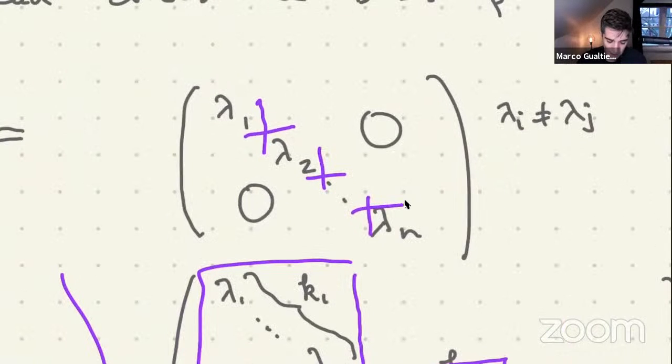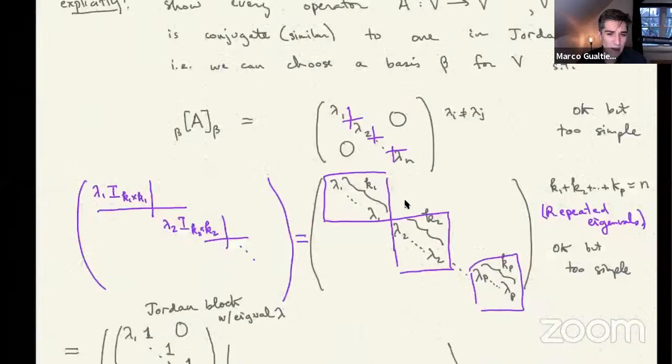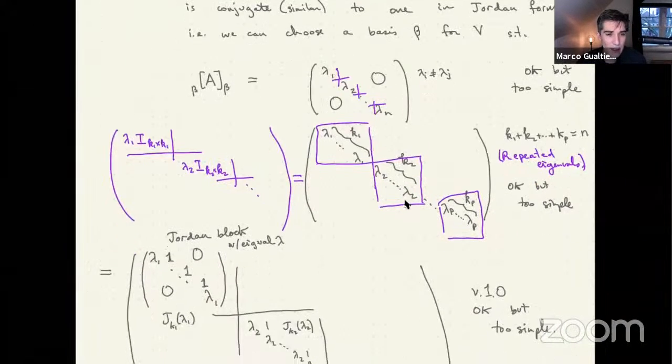So we have a basis E1, E2, E3, E4. I apply the operator to E1, I get lambda 1 E1. So these are 1 by 1 blocks. Most operators will be of this type, and none of what I said after would be necessary, because they're all eigenvectors.